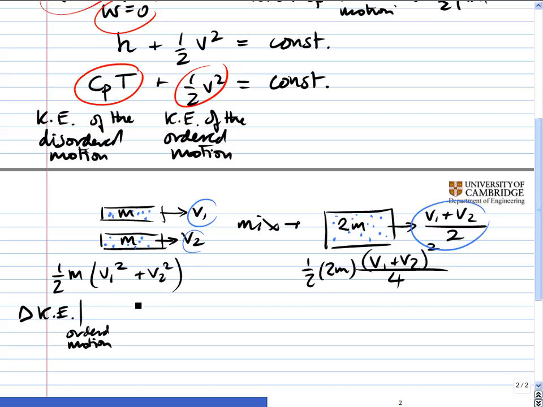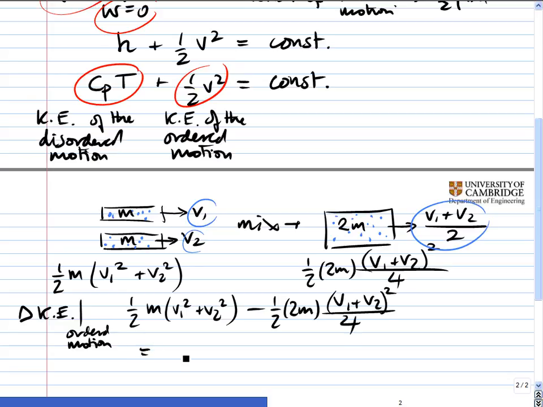This is equal to a half m v1 squared plus v2 squared, which is what it was before, minus a half times 2m times v1 plus v2 squared over 4. Now you can do this sum and you'll find that that's equal to a quarter m times v1 minus v2, squared.